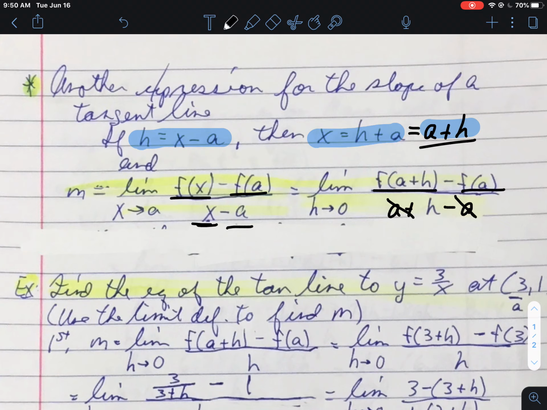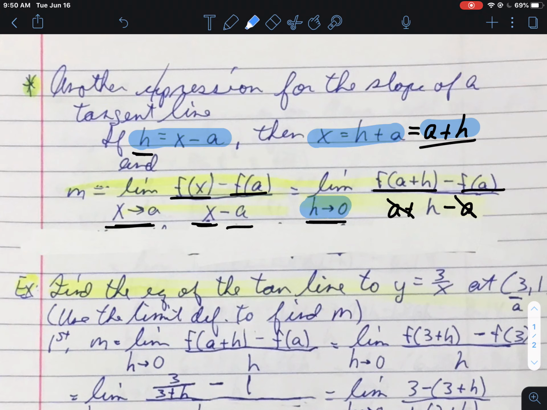Now, in this one I almost forgot to mention: here we have x approaching a, right? And we were calling that distance between x and a h. Well, as x gets closer to a, what happens to the distance between x and a? It gets smaller and smaller and smaller. So as x approaches a, that means equivalently that h approaches 0.